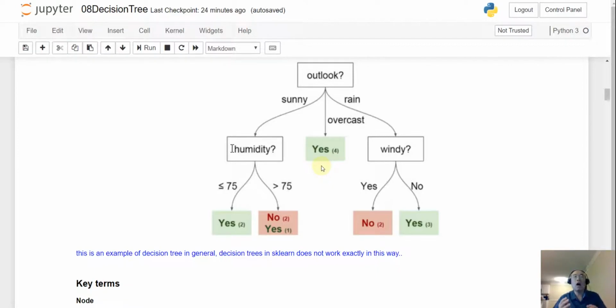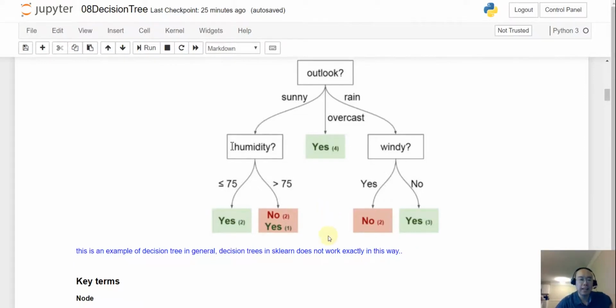Since all the four samples are yes, when we reach here, this leaf will be yes, guaranteed. The impurity will help us build the tree, because for each step, we are going to decide on which attribute we are going to split the tree. So the impurity is the measure to help us make the decision on how to build a tree, and we will talk more about the impurity in the next lecture.